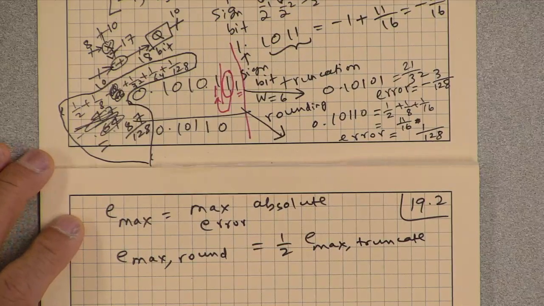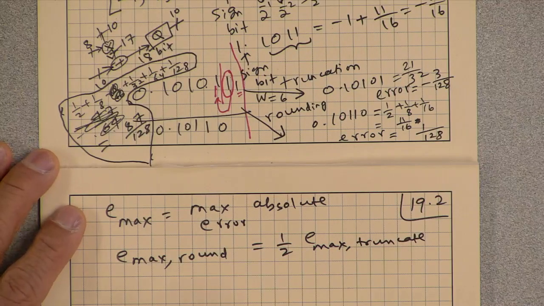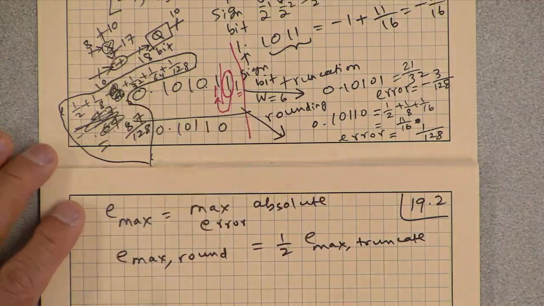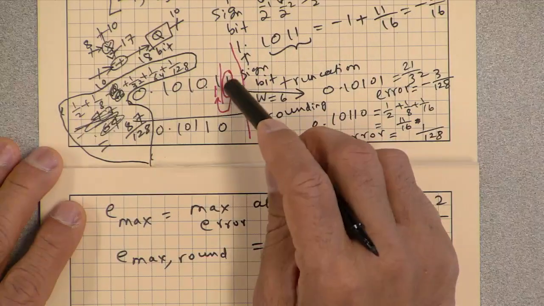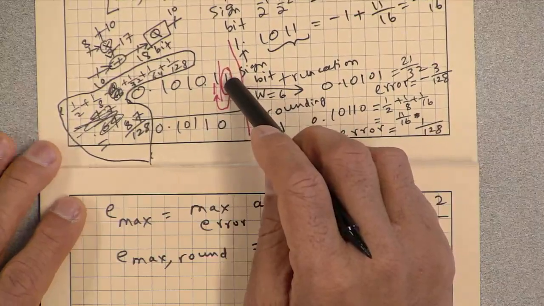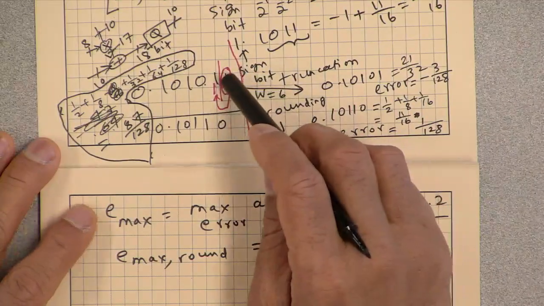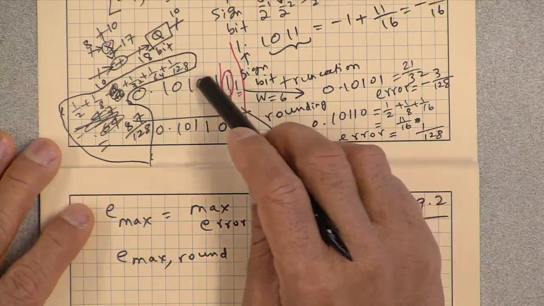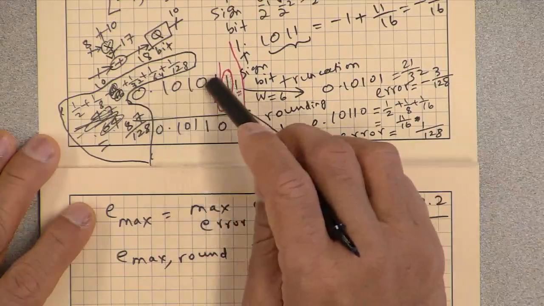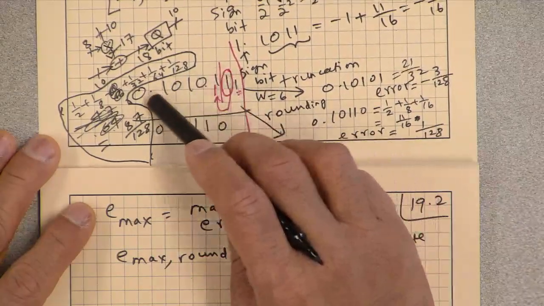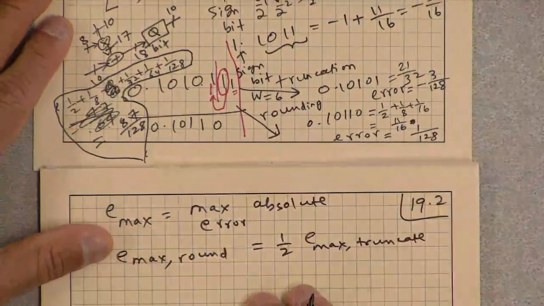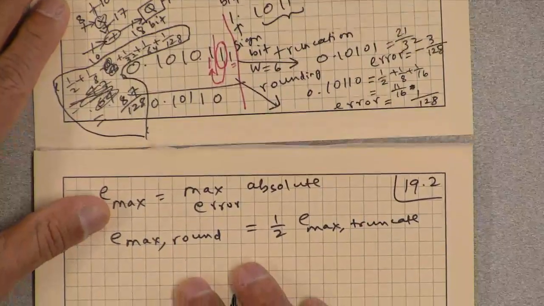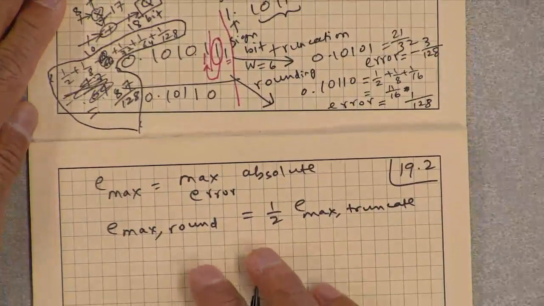That's why a lot of the multiply accumulators that do multiplication followed by an add operation usually will round the result at the end. They will look at the next bit position. If that is a 0, then do nothing. If it is a 1, then add a 1 to the LSB of the W bit number, and you get a slightly different result compared to truncation, which minimizes the error.